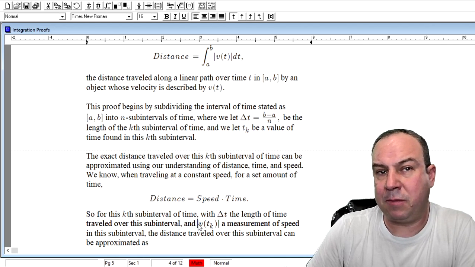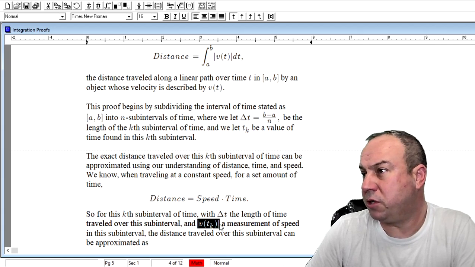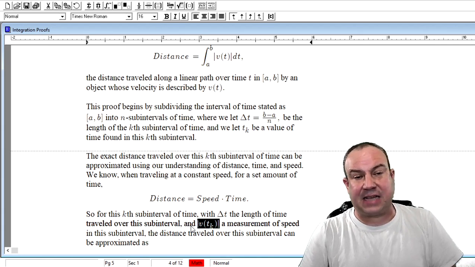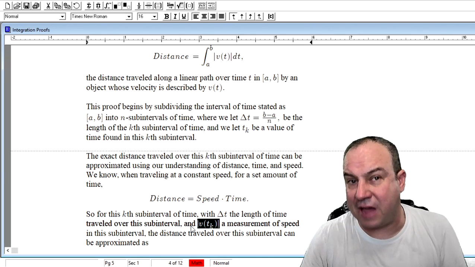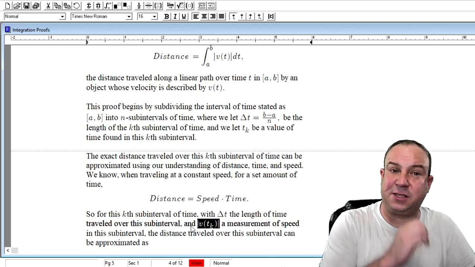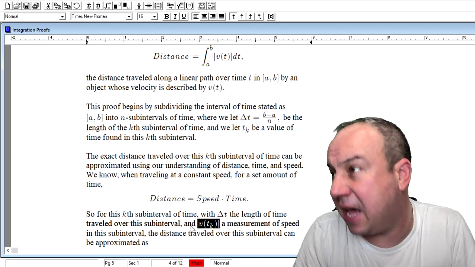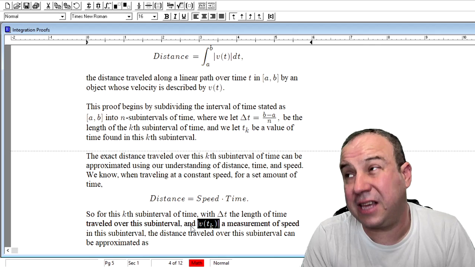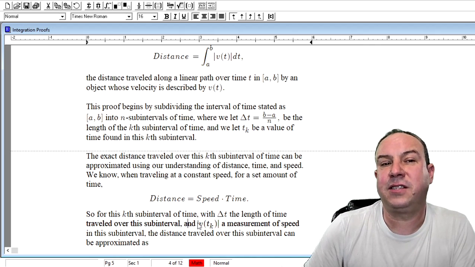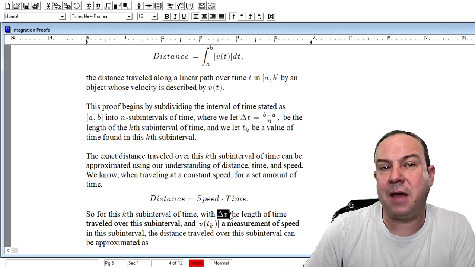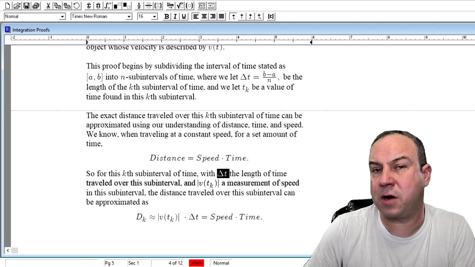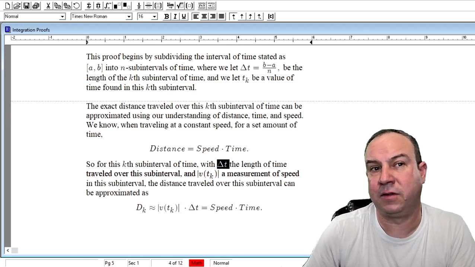And keep in mind that in terms of motion in space, the magnitude of the velocity, or the absolute value of the velocity at time t, represents speed. Here we're going to look at time t sub k in our kth subinterval, right? If we take this speed measurement and multiply it by this time measurement, we will get an approximate for the distance traveled over this kth subinterval of time.